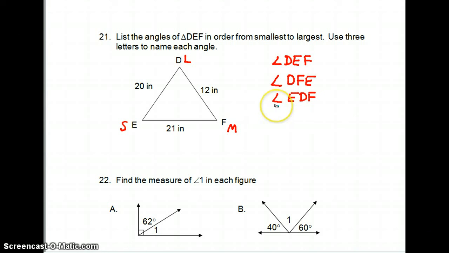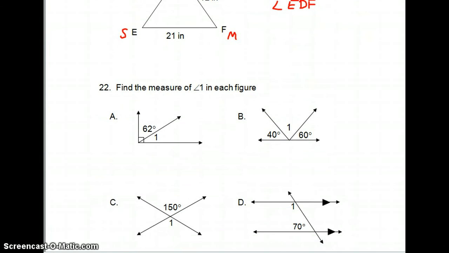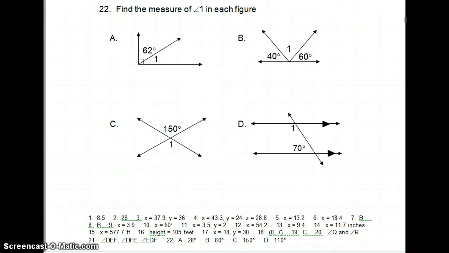22. Find the measure of angle 1 in each figure. Okay. Well, this is a right angle. We've got 62 here, so we're going to do 90 minus 62, and that is 28.